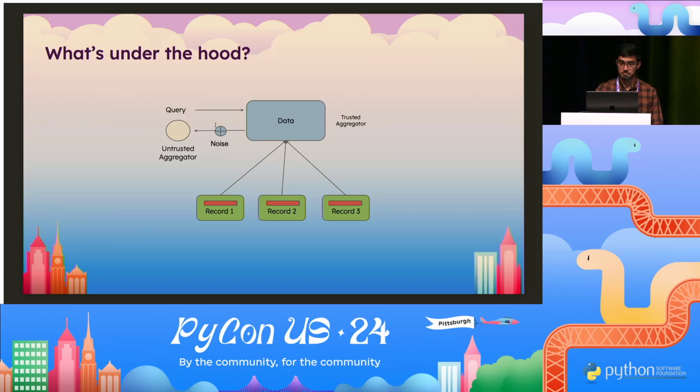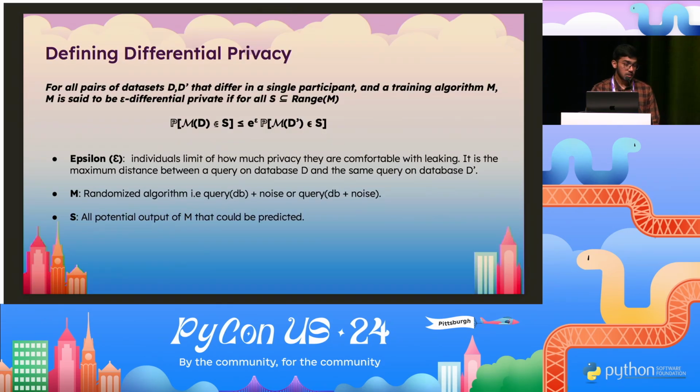Now, putting it mathematically. This is going to be a mouthful, but I'm going to try to make it easy to understand what this mathematical definition actually means. We start with all pairs of data sets D and D prime that differ in a single participant.